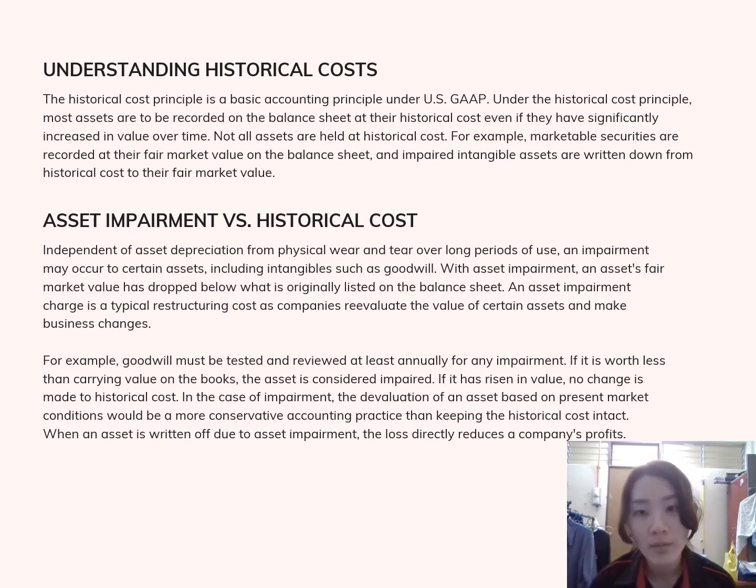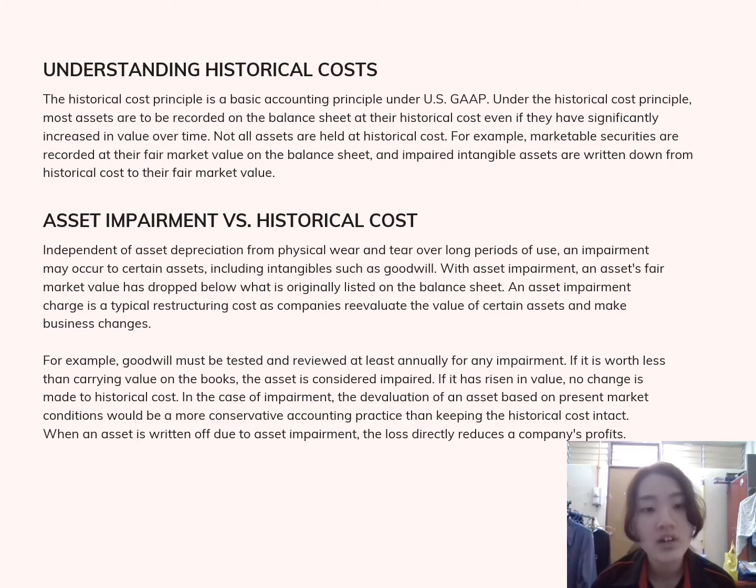With asset impairment, an asset's fair market value has dropped below what is originally listed on the balance sheet. An asset impairment charge is a typical restructuring cost as companies revalue certain assets and make business changes.